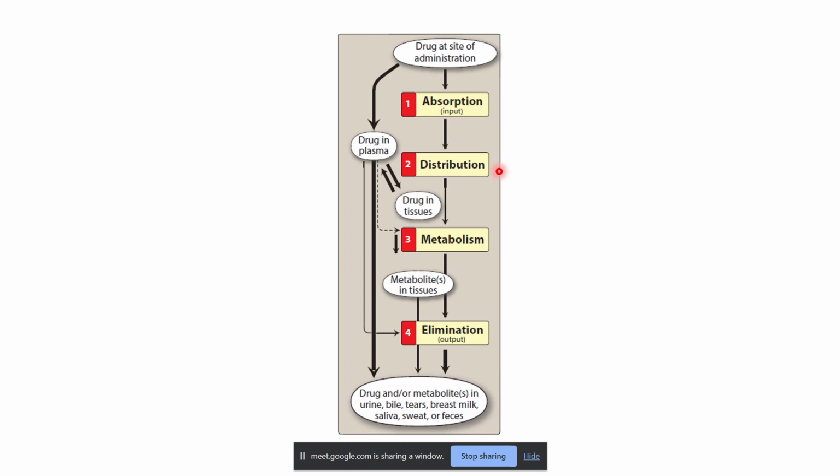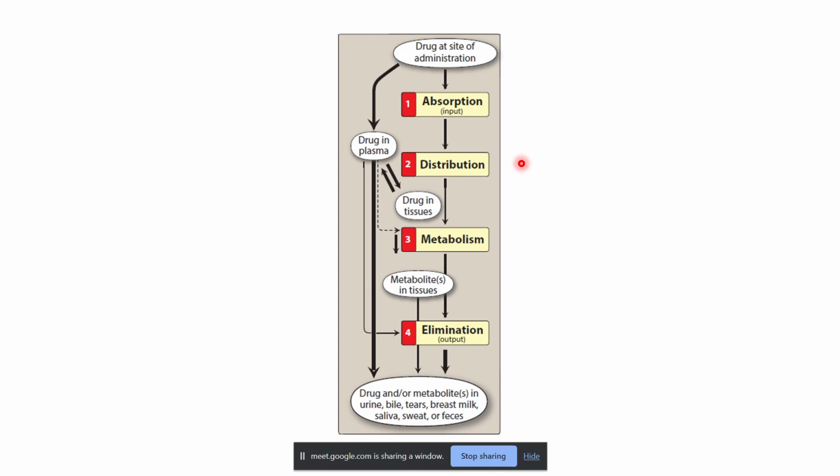The hydrophilic drugs will not, and that is why hydrophilic drugs usually have a lower volume of distribution.